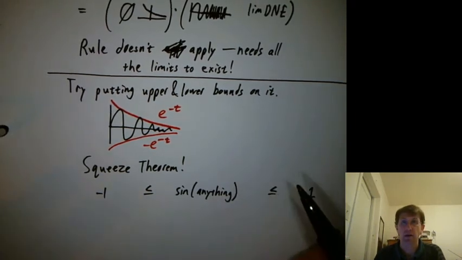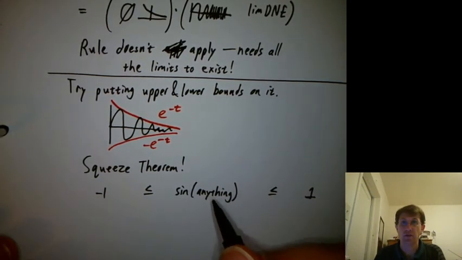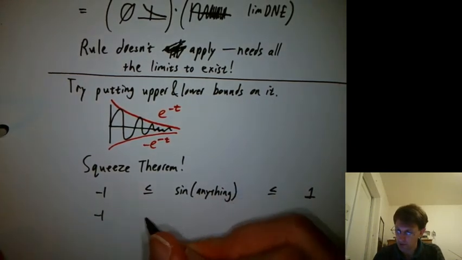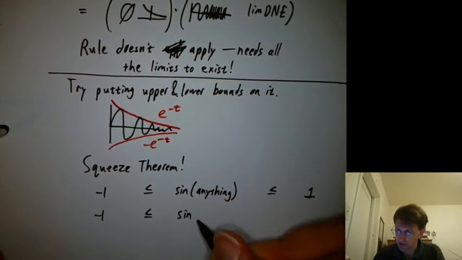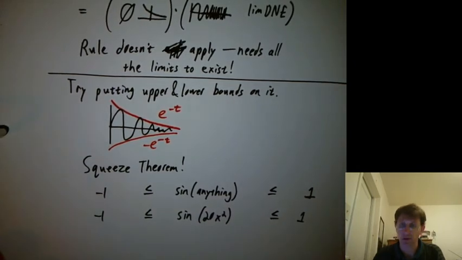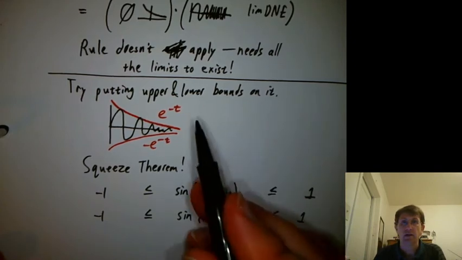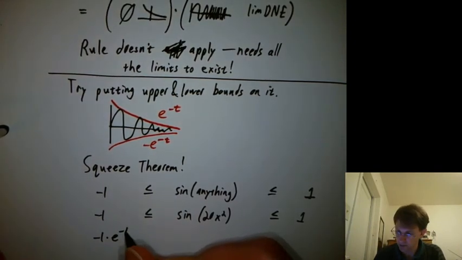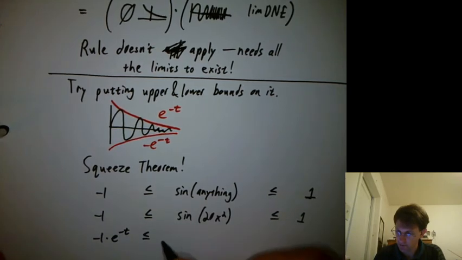It doesn't look like our problem yet. Let's put in for the sine wave what we're actually taking the sine of. So -1 is less than or equal to sine of 20t squared less than or equal to 1. And now let's get our exponential decay in there. So we'll multiply each term by e to the negative t.